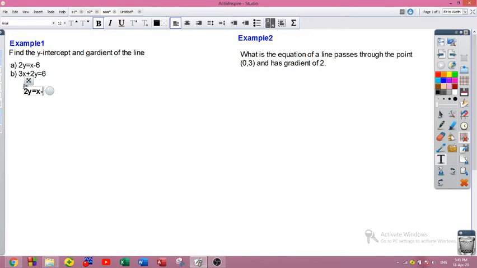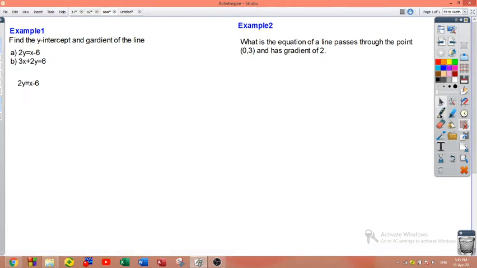Here we need to make y the subject, so we divide both sides by 2. After dividing by 2, I have y is equal to x over 2 minus 3.